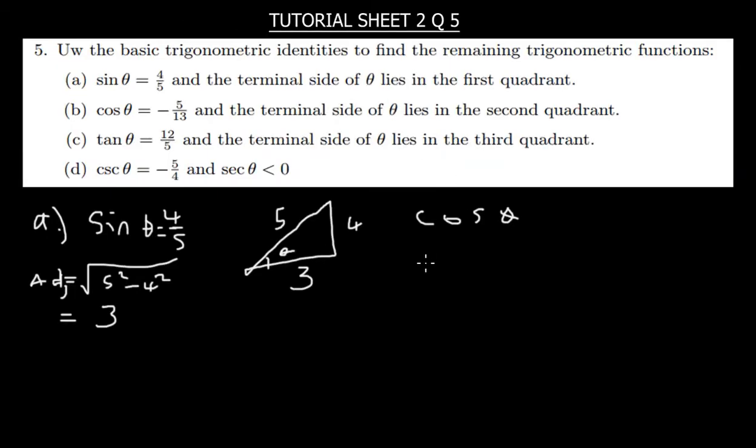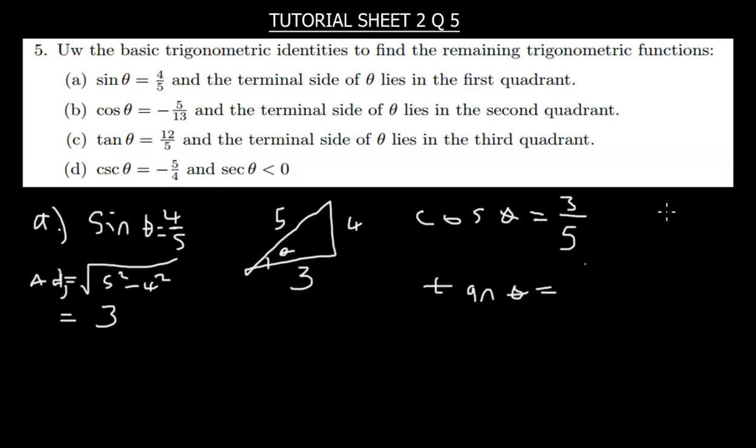So cos theta is the adjacent, 3, over the hypotenuse, which is 5.